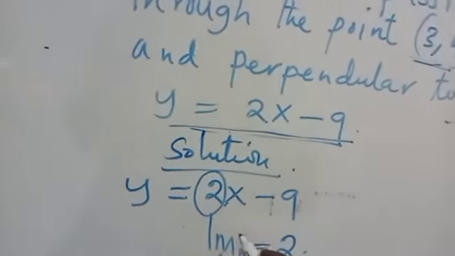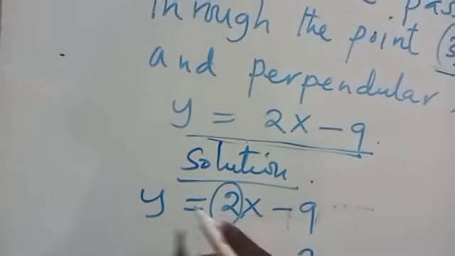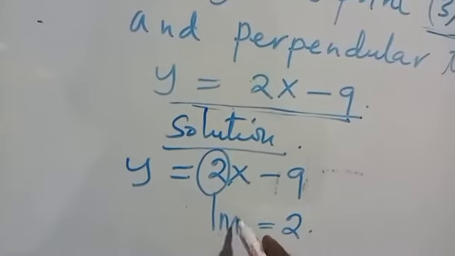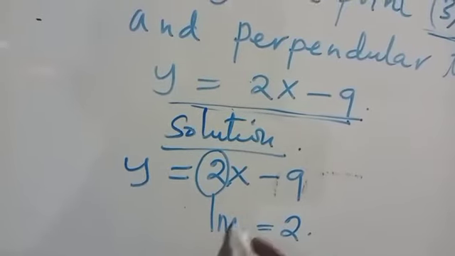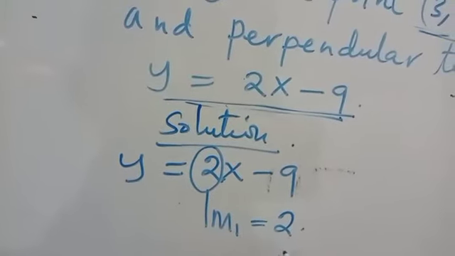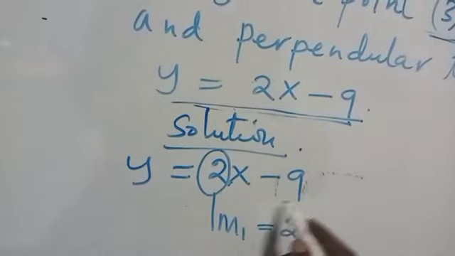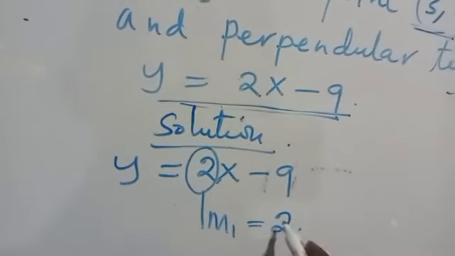Here, because our line is a simplified one, we find that m1 is equal to 2, meaning that the slope of line 1 is equal to 2.